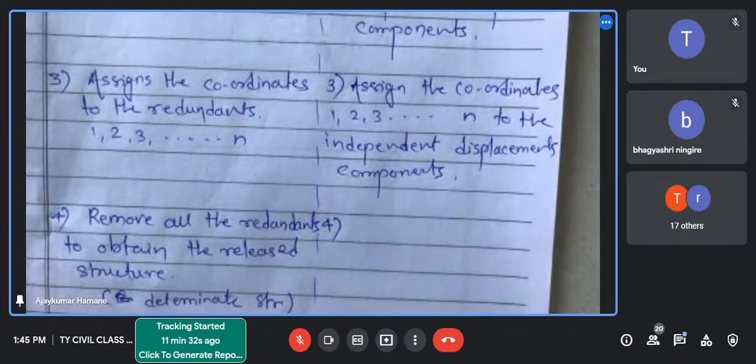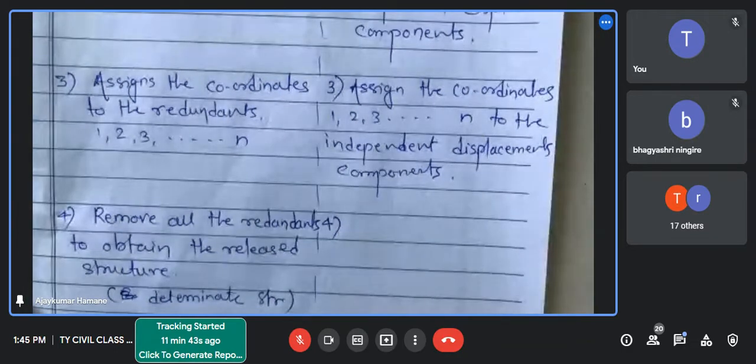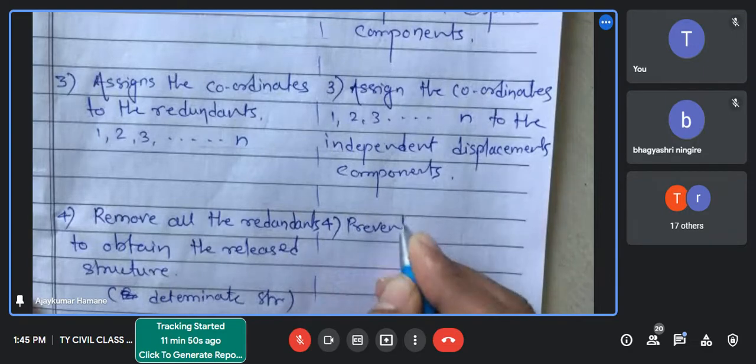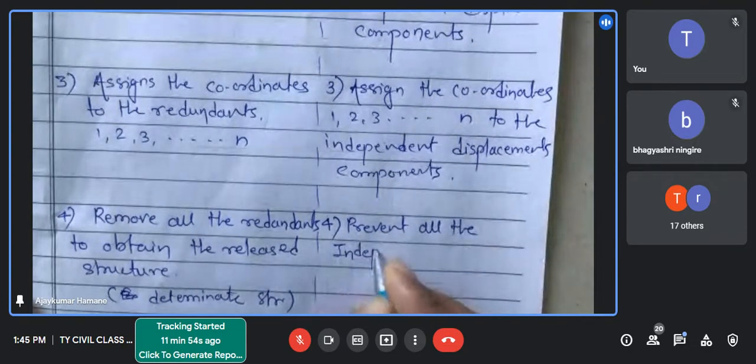Here, in the stiffness method, prevent all the independent displacement components to obtain the restrained structure. Are you getting my point?